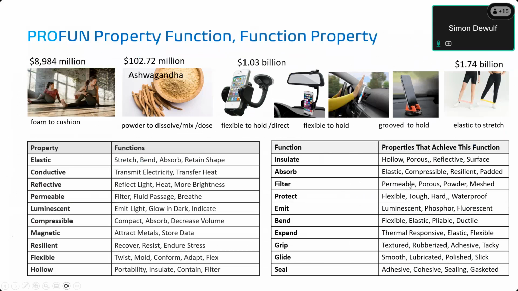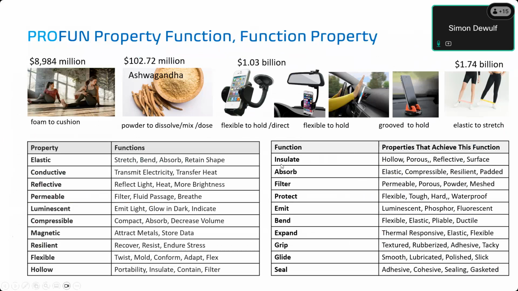Or I can filter with a powder, and I can filter with a sponge, and they're different things. So you can basically see with language what kind of adjectives actually achieve my verb. Because at the end of the day, functions are verbs, properties are adjectives. So you can find what are the connections between the adjectives proposed in the text, in the patterns, in the variations that achieve my specific verbs that I'm looking for.